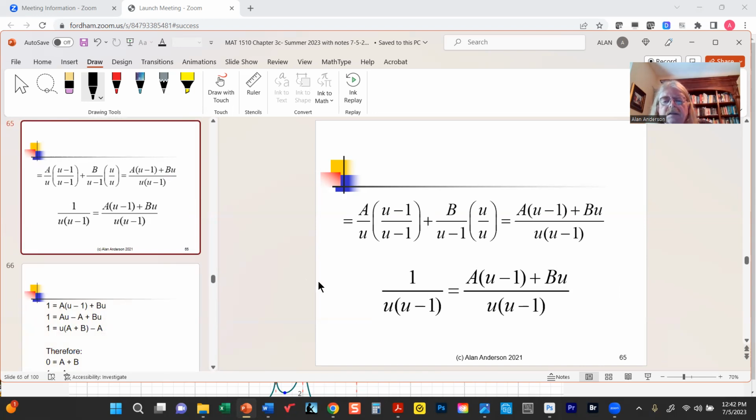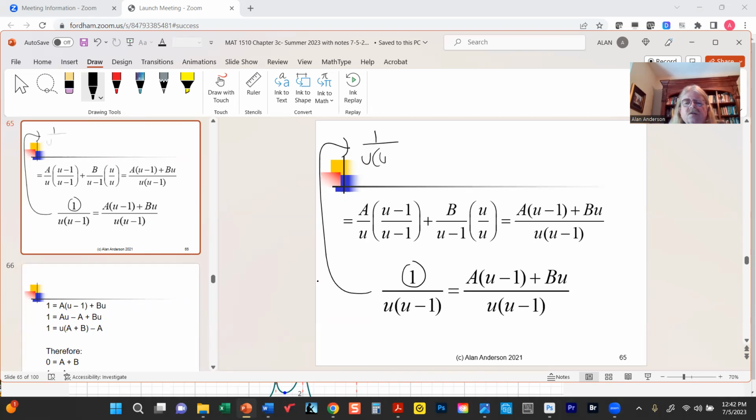And so, because there's only a constant here, actually, this should probably be rewritten as 1 is a plus bu minus a.